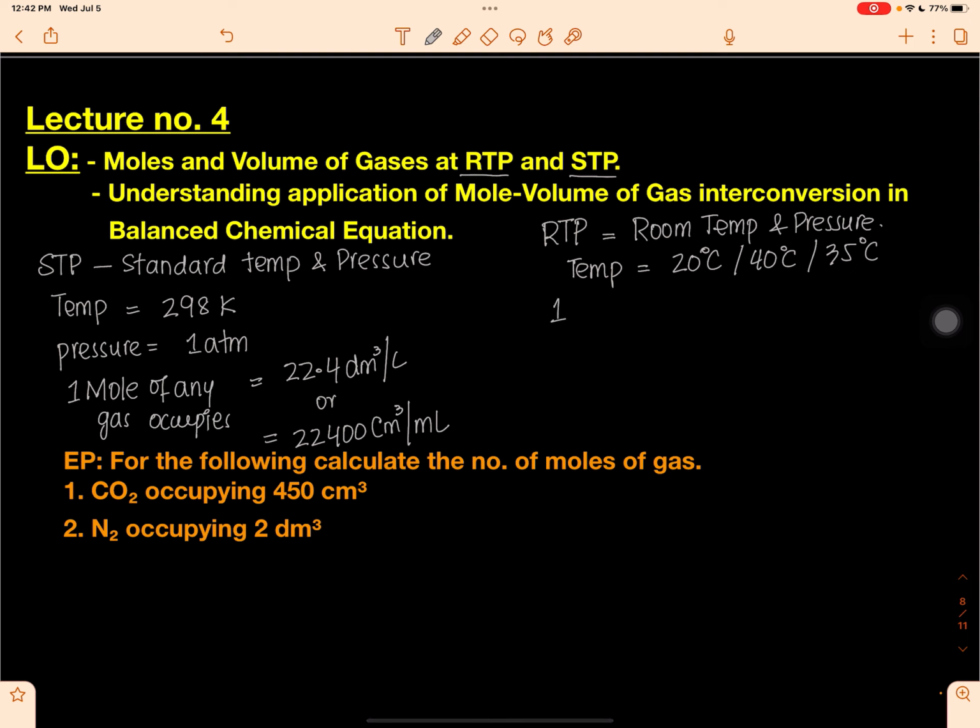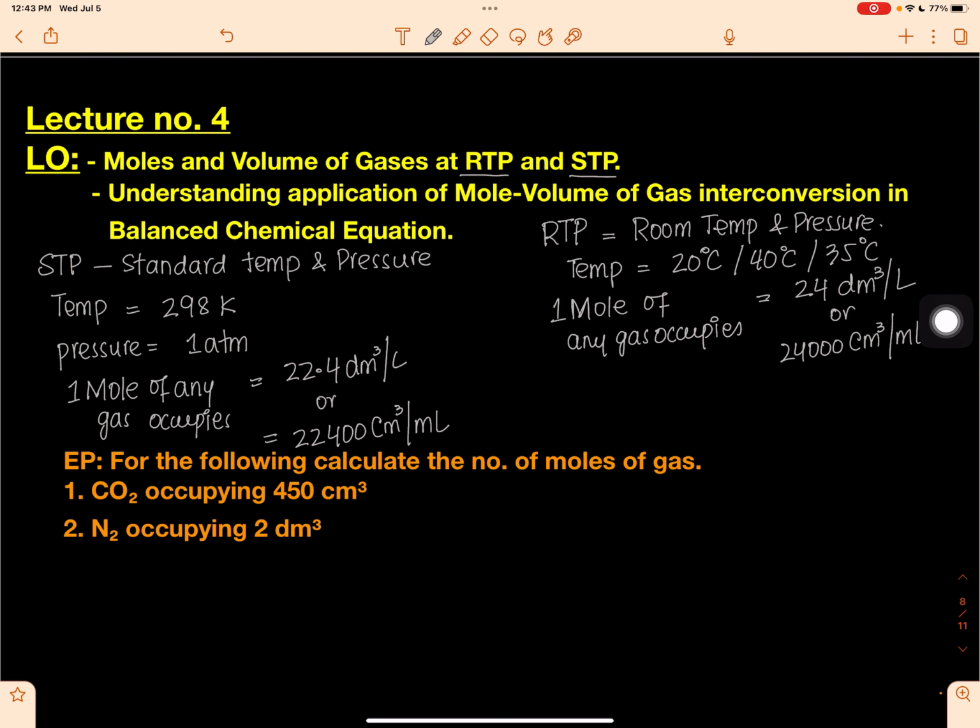So 1 mole of any gas occupies 24 dm cube or liters of volume, or 24,000 cm cube or ml volume, which is equivalent to 1 mole of gas at RTP.